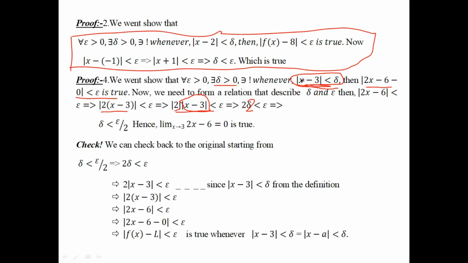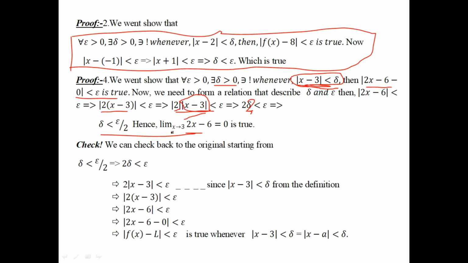So 2 times delta less than epsilon implies delta less than epsilon over 2.